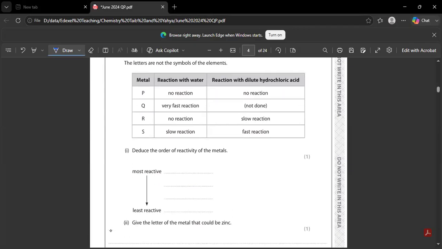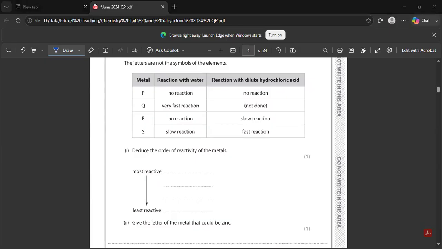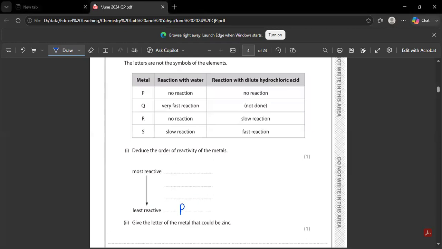The least reactive cannot react with water and cannot react with hydrochloric acid, so the least reactive is going to be P, right?